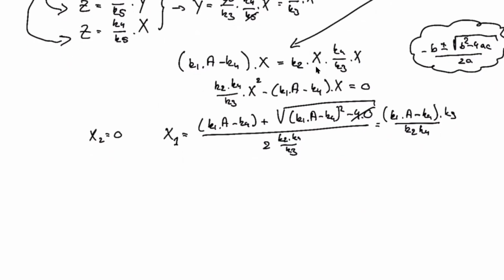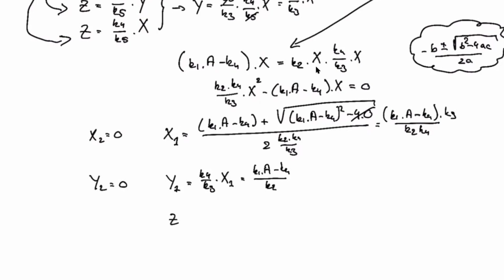Then for Y, solution 1 will be K4 over K3 times X, which is K1 times A minus K4 over K2. Or of course Y2 is 0.